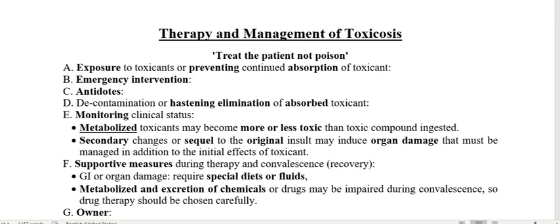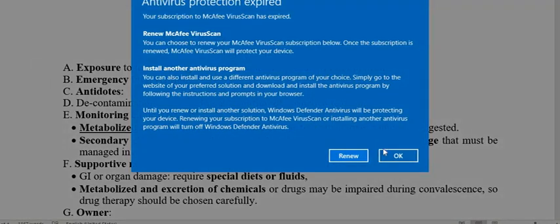Here we are only going to discuss the general line of treatment in case of poisoning, and later on we are going to discuss separately toxicity from metals, non-metals, and insecticides. But here we are going to discuss the general line of treatment of poisoning.